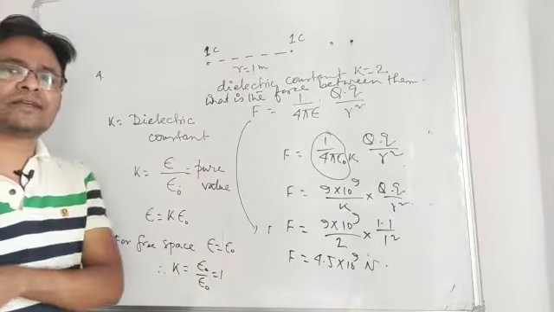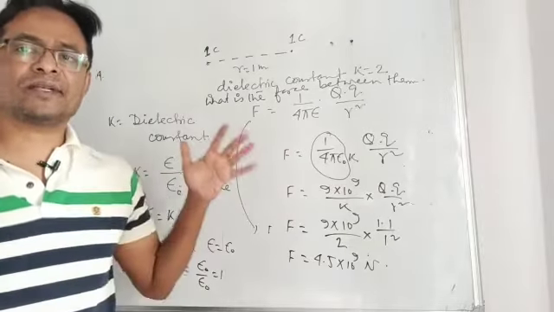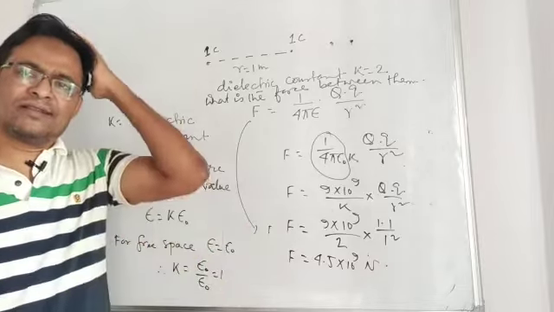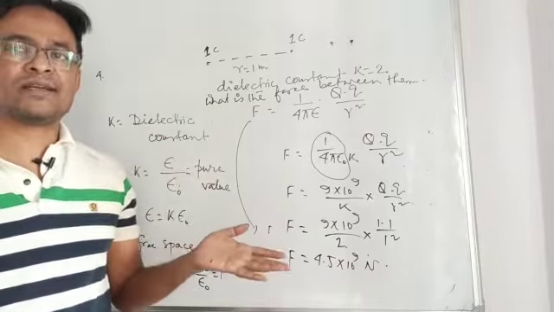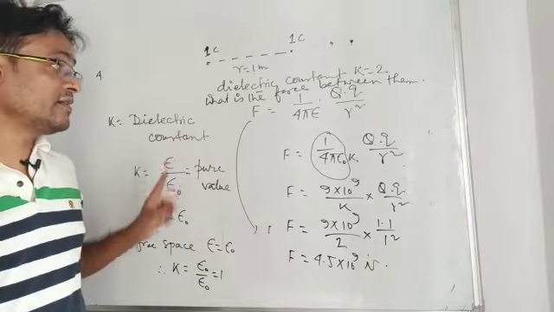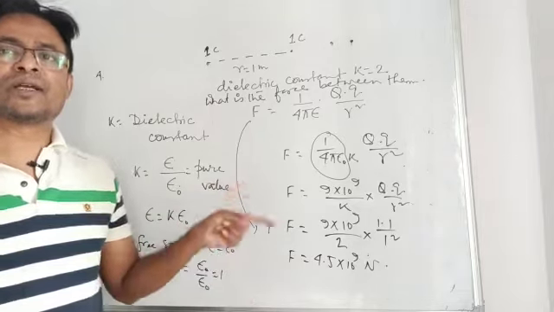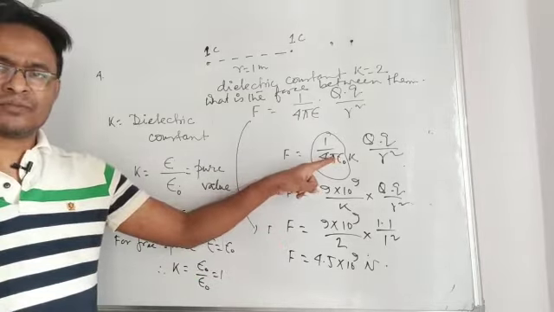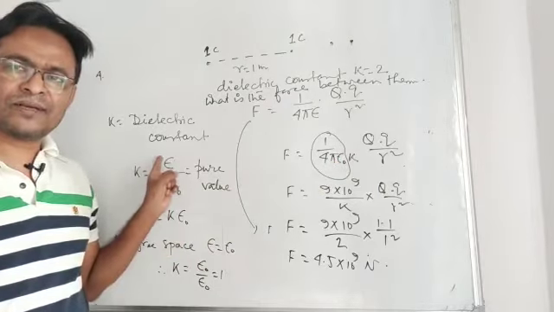And again I am telling you, don't try to go behind the reason why it is given the name dielectric constant. A narrow explanation is that it is an electrical thing, electrostatics. There are two electric fields involved, one for free space and the other for that medium.